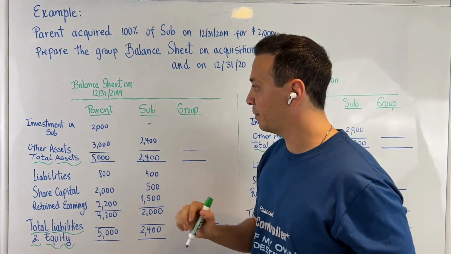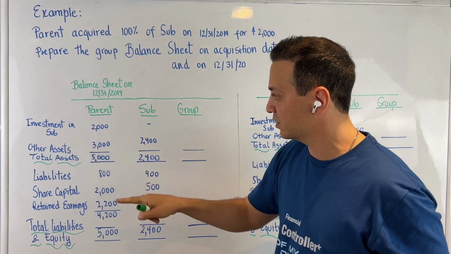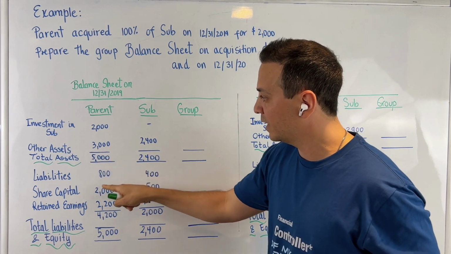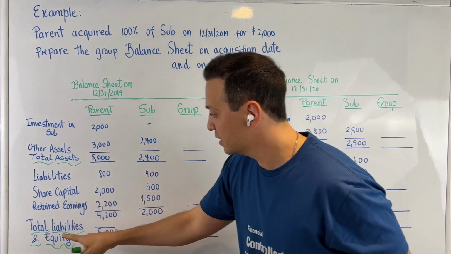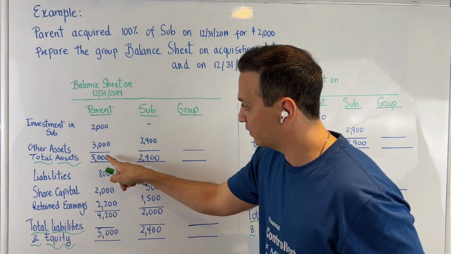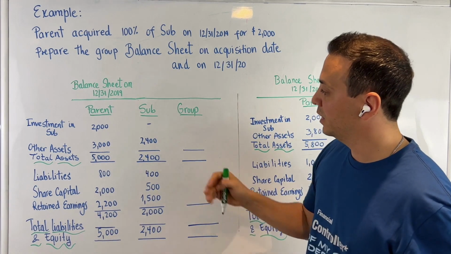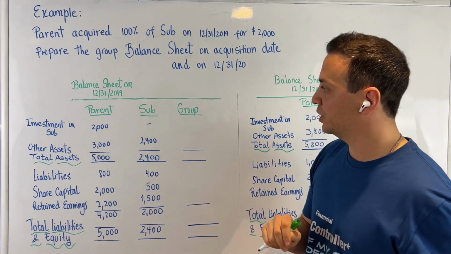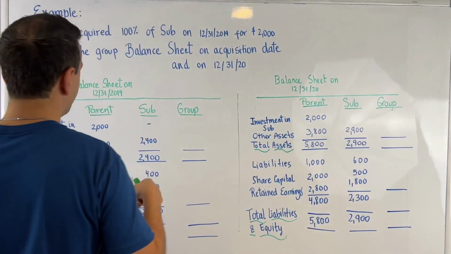Now we have other assets of $3,000 for total assets of $5,000, liabilities, share capital, retained earnings, and then we have total liabilities and equity, which is always going to equal assets: $5,000 for total assets, $5,000 for total liabilities and equity. For the subsidiary, they have their own standalone balance sheet. So let's go ahead and create the combined or the group results.